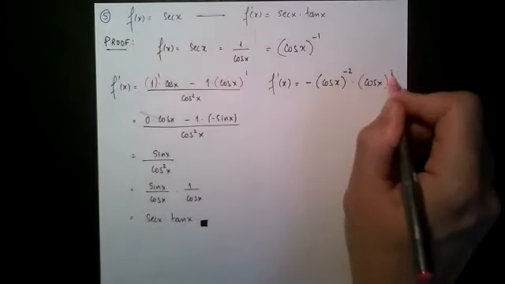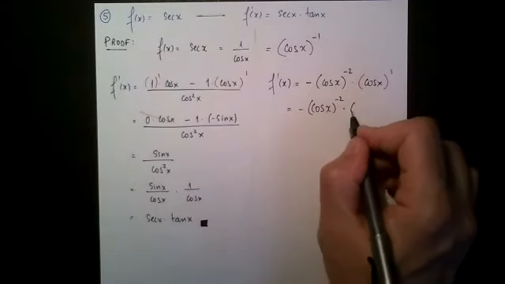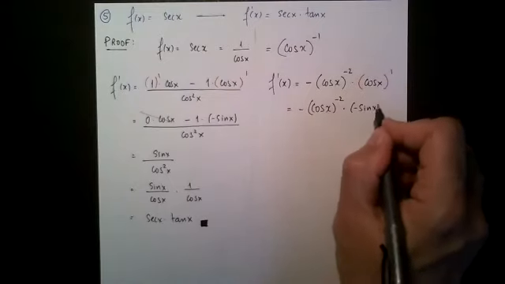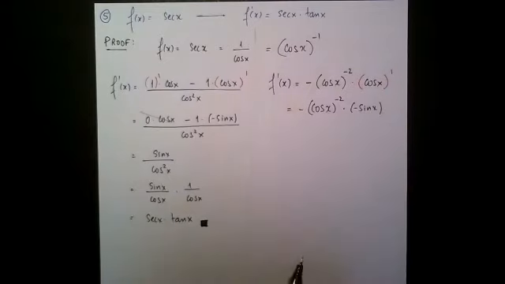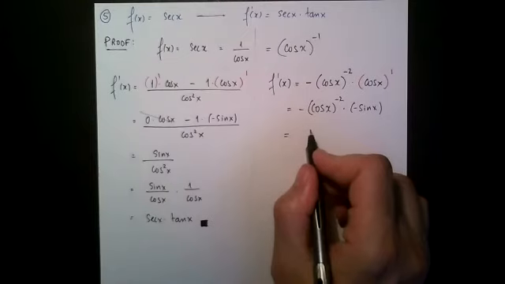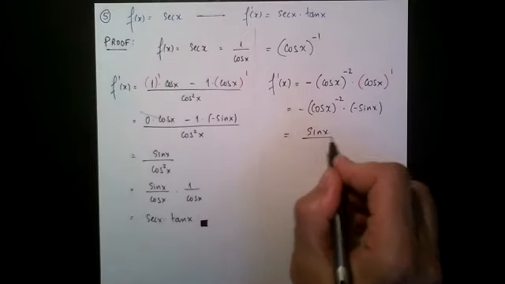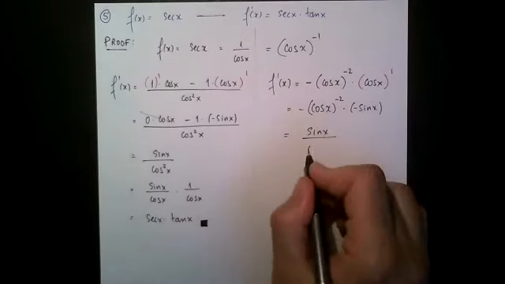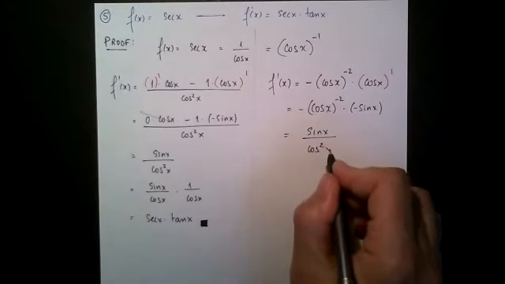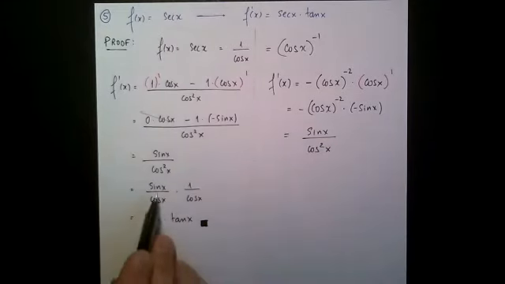Okay, you understand this? This is the chain rule. And so I have negative cos x to the minus 2 times the derivative of cos, which is negative sine x. And that's it. Minus times minus is sine x, and then cos to the minus 2, so over cos squared x. And I'm back to what I had here.